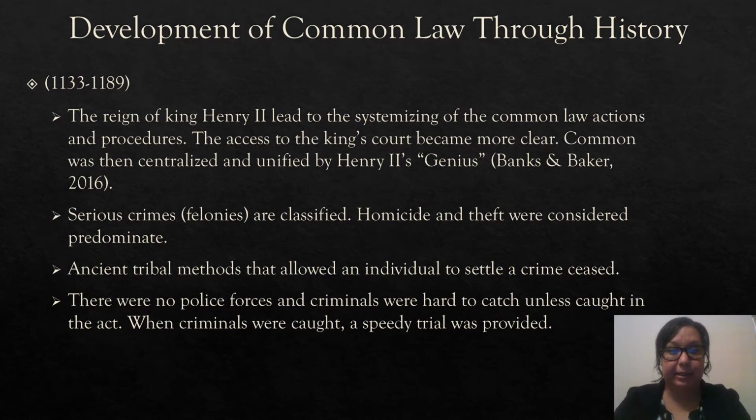Those were predominant. So they were no longer able to settle them themselves within the tribes, and criminals were very hard to catch unless they were caught red-handed or in the act of committing the crime. But when they were caught, they were always dealt with as soon as possible.